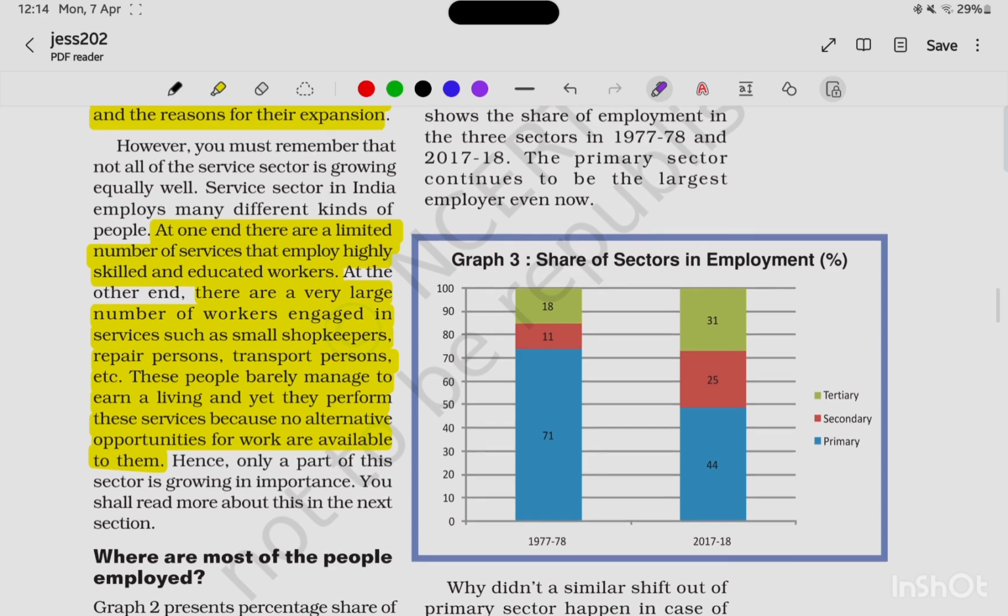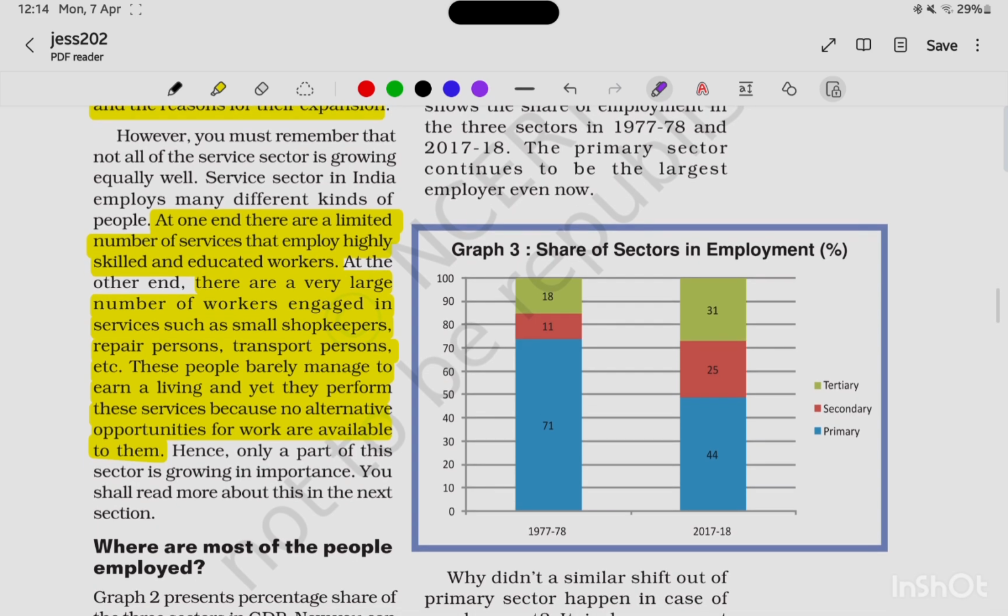The primary sector continues to be the largest employer even now. So, as you can see, the primary sector reduced from 71 to 44, and the secondary increased from 11 to 25, but the tertiary sector increased from 18 to 31.